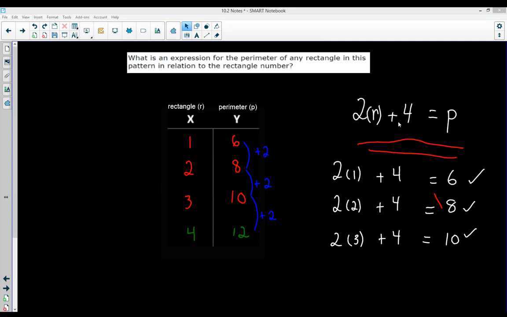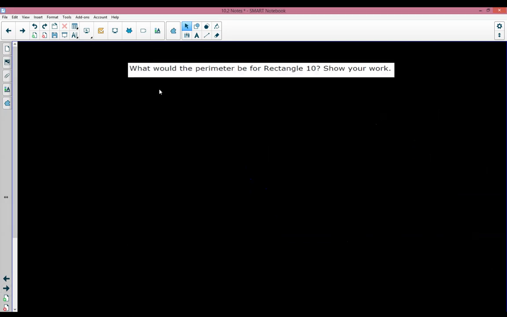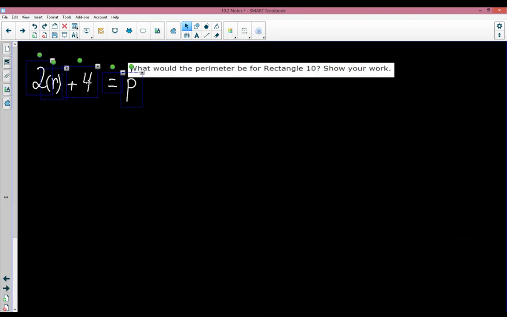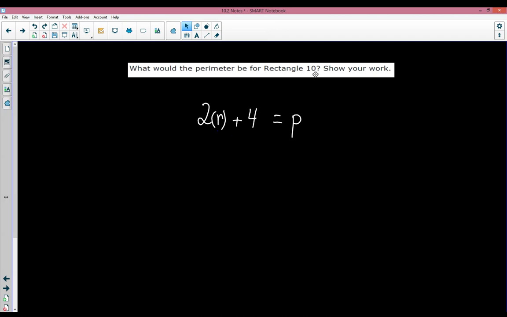So now we can take this expression and see if we can calculate any rectangle number. The next question is, what would the perimeter be for rectangle 10? Show your work. I'm going to go back and get that expression. We're going to use this expression to determine how many toothpicks, or what the perimeter would be, for rectangle 10.